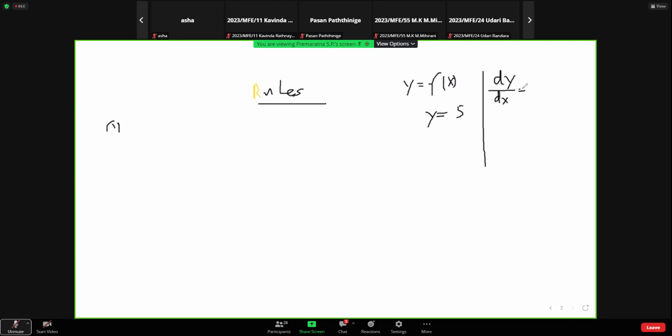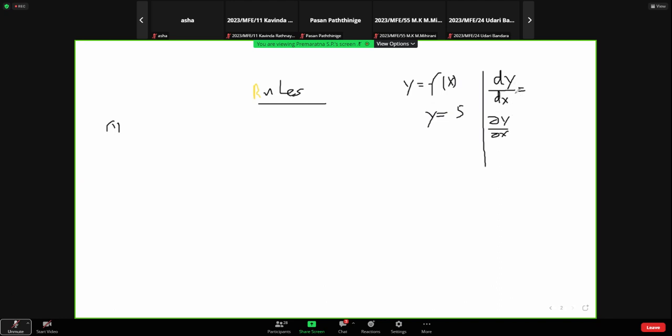Let's say y is differentiated with respect to x. If more than two variables are involved, we use a different symbol, but the same concept: we call it del y over del x. So that's the first differentiation.